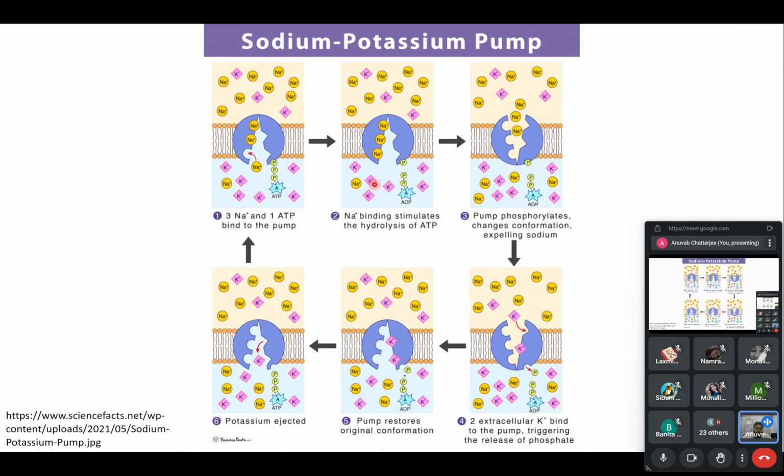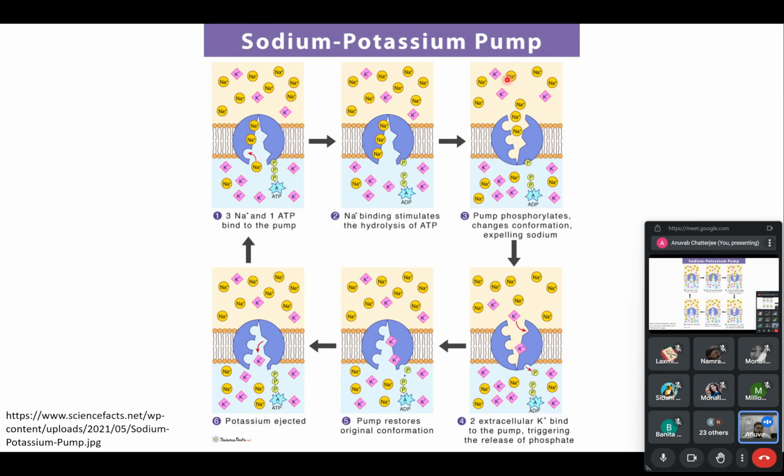Once it catches hold of 3 sodium ions, the entire ATPase pump utilizes the ATP and gets phosphorylated. So it now has a phosphate attached to it. Once the phosphate is attached, the entire pump changes its structure and releases the sodium ions to the outside of the cell.